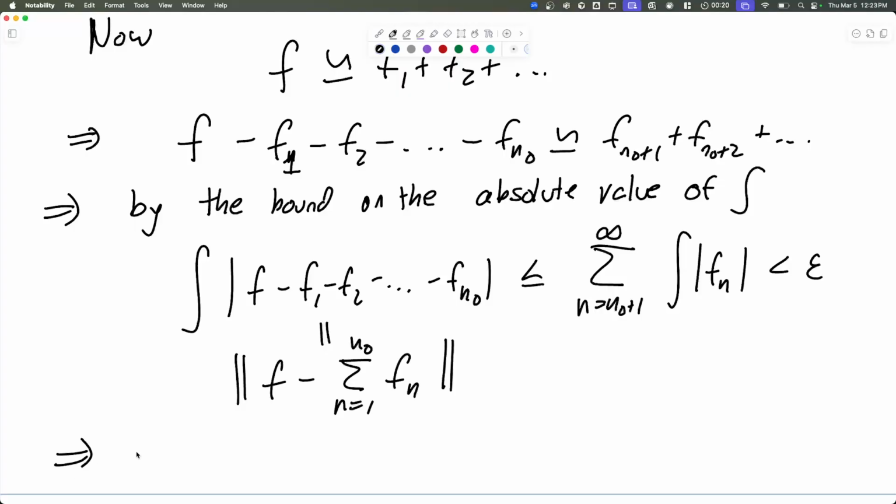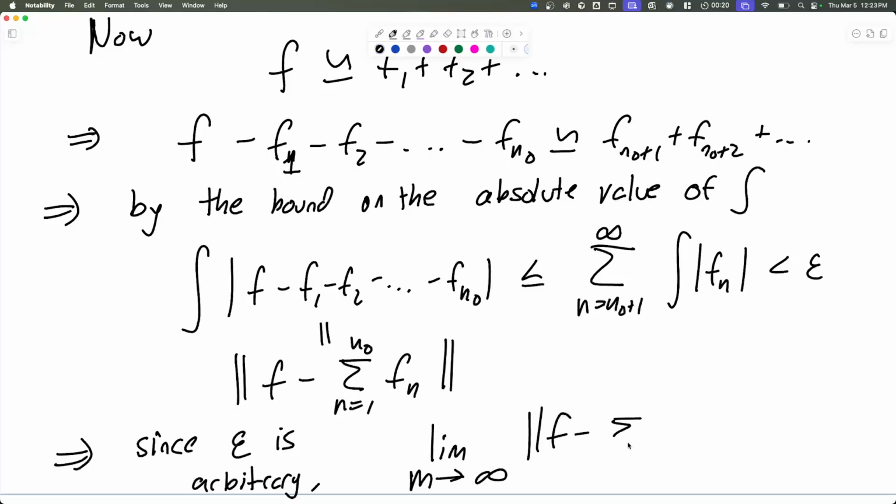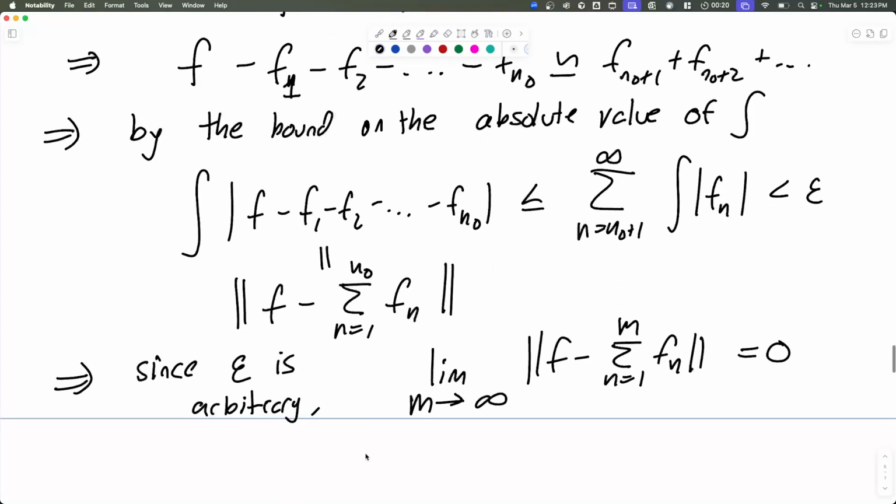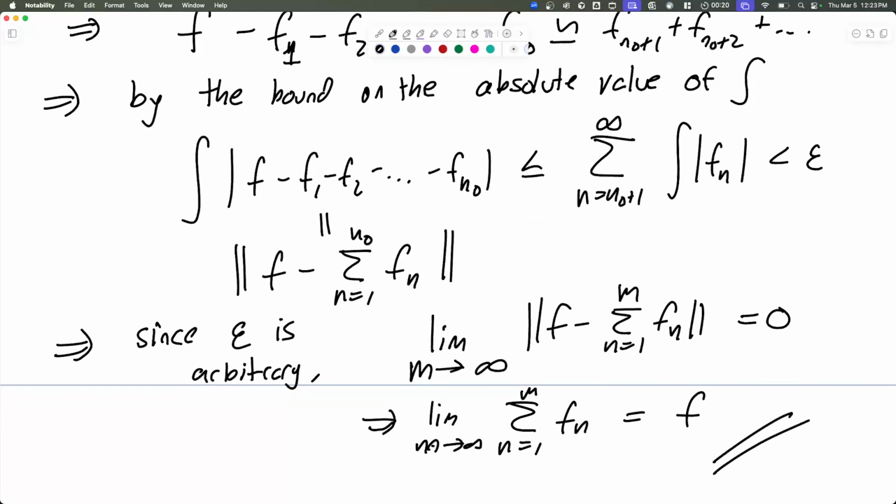And therefore, since epsilon is arbitrary, the limit as m goes to infinity of the norm of f minus the sum from n equals 1 to m of fn equals 0, and therefore the sum from n equals 1 to m of fn in the limit is equal to f. Okay, there we go. Very simple proof, just pushing around things using the previous definitions.